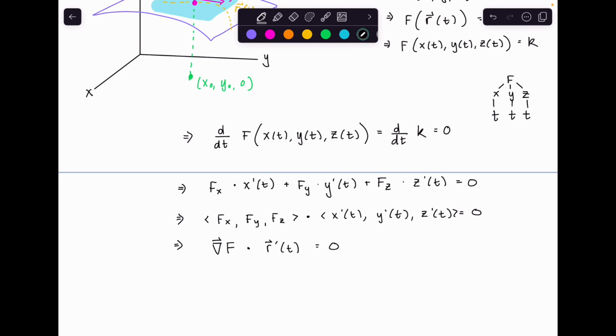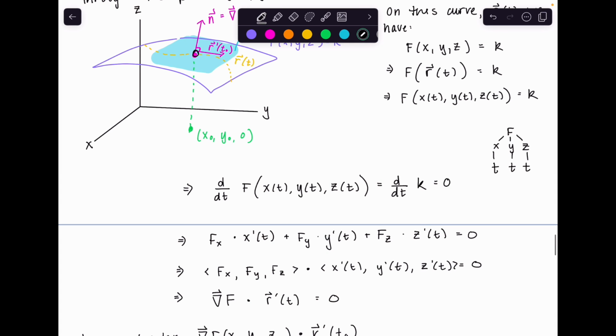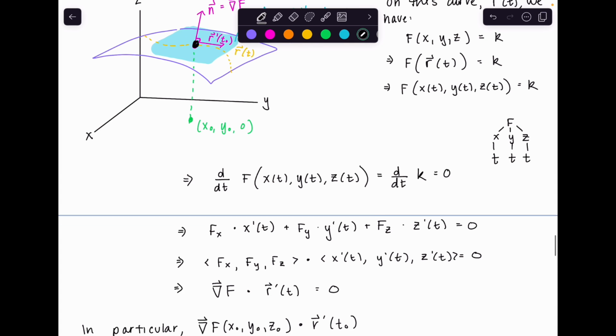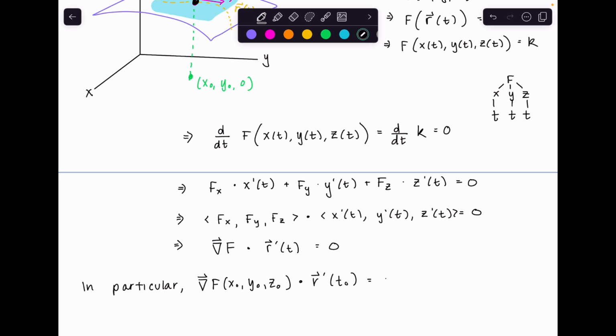So in particular, the gradient of f at this point where I'm trying to find the tangent plane, dot product with the derivative at that specific point, which is still x naught, y naught, z naught, is equal to 0.